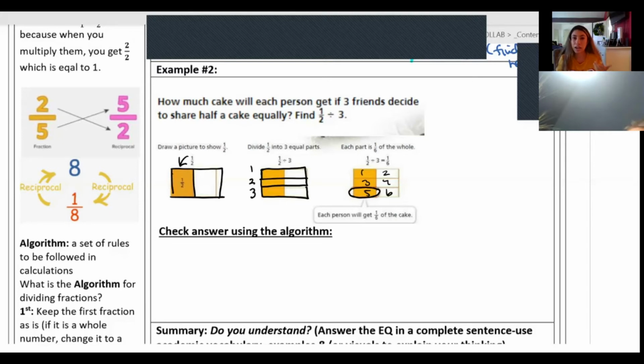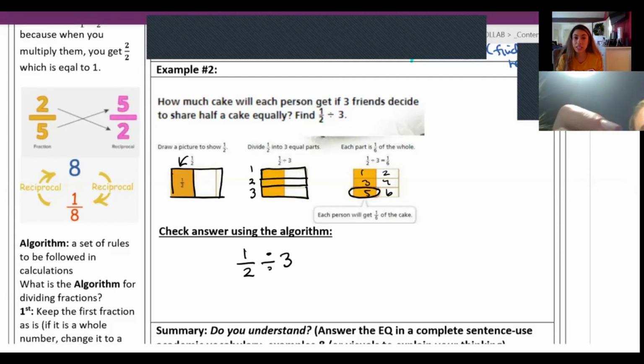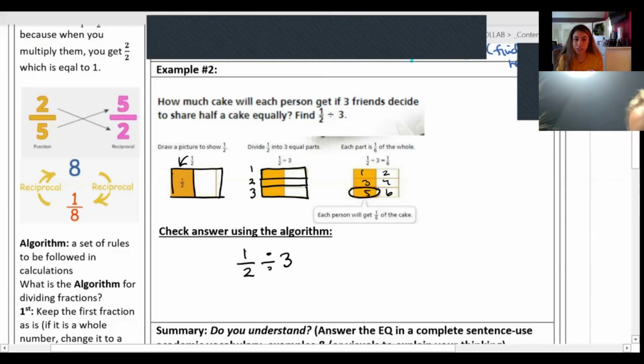So using our algorithm, we just want to make sure that we also arrive at 1/6 when we solve, right? So if we keep, change, and then flip, we should get 1/6. So let's keep our fraction of 1/2. We leave that alone, we keep it the same.